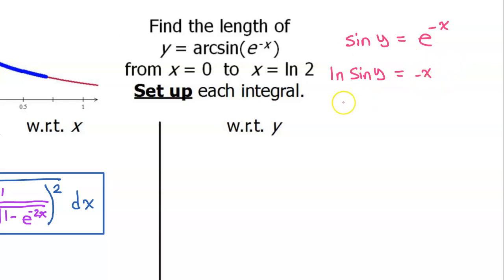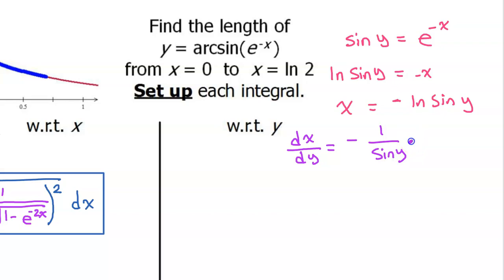Dividing both sides by negative 1 gives us x is equal to negative natural log sine y. Before we can set up the arc length formula, we need to find the derivative dx/dy. I'm going to bring down the negative sign in the front, and we know the derivative of natural log u is 1 over u.